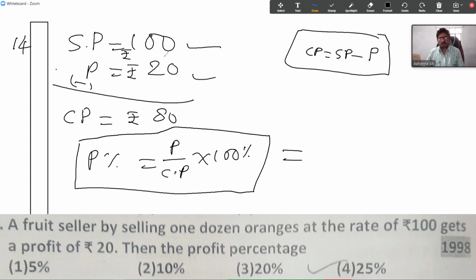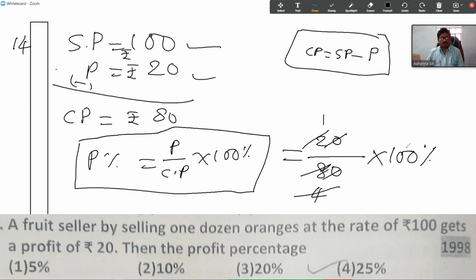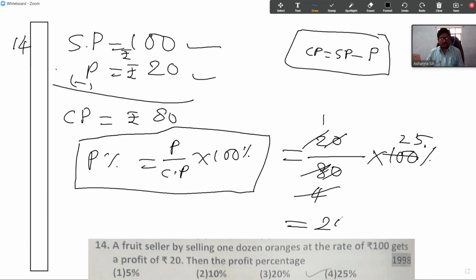Profit 20 rupees, cost price 80 rupees, into 100 percentage. 0 0 gets cancelled, 2 1s are 2, 2 4s are 8, 4 25s are 100. So 25% is the profit percentage. So option 4.